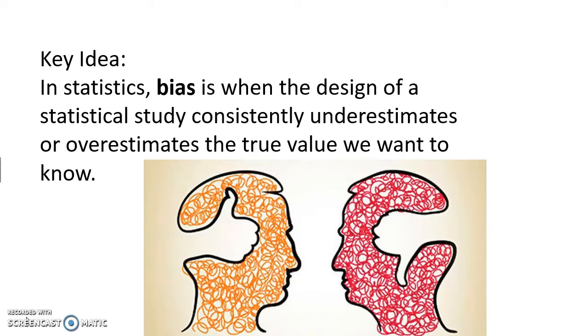Bias is when the design of a study produces results that consistently underestimate or overestimate the true value that we want to know. In the case of the voluntary response sample that we just thought through together, we would likely overestimate the average number of Air Jordans each teenager has, because those teenagers most passionate about the sneakers would likely take the time to call in.